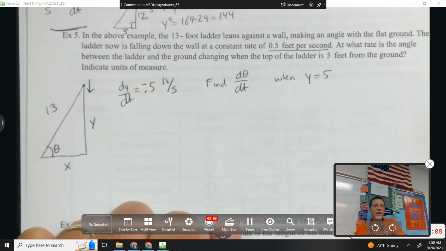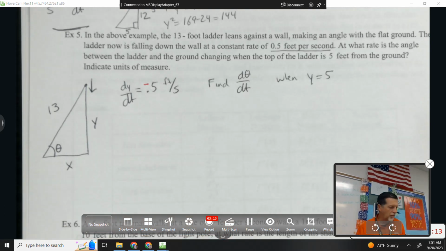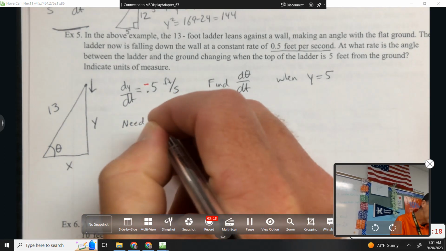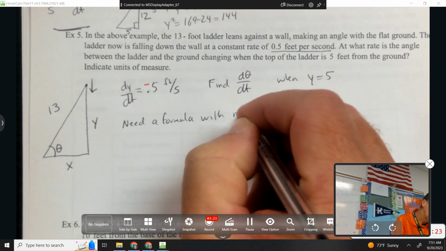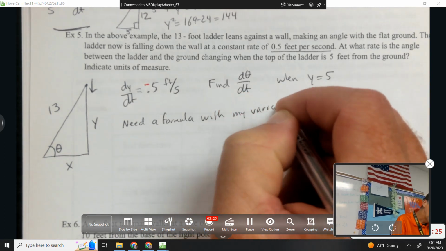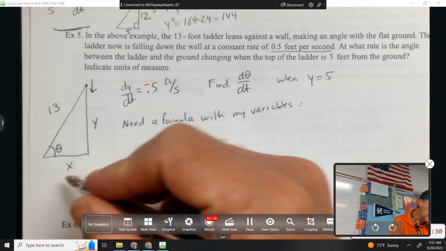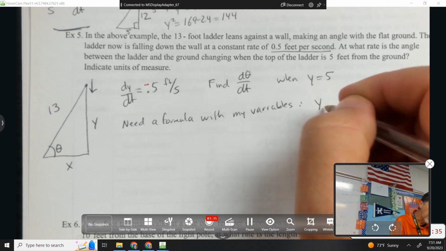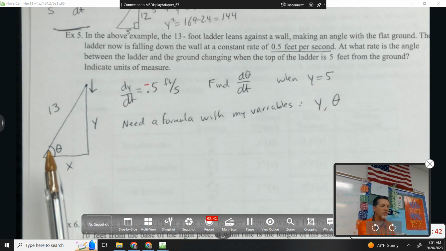I need to come up with a formula that uses the variables that I've got. No mention of x was made, so I'd like to avoid using x if possible. y is involved and theta is involved. Can you think of a relationship that involves theta and y?